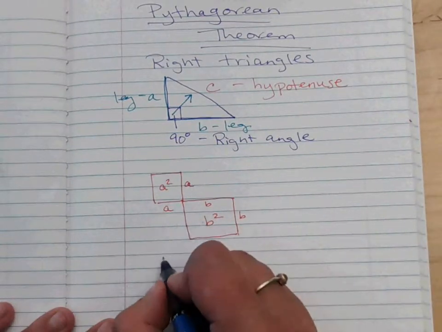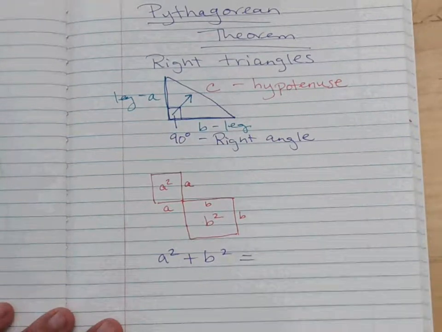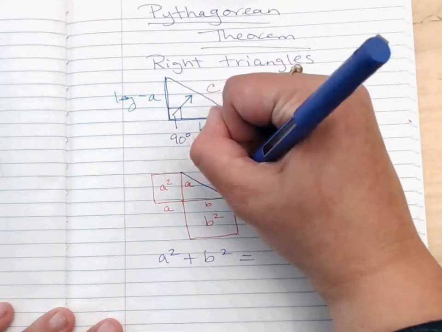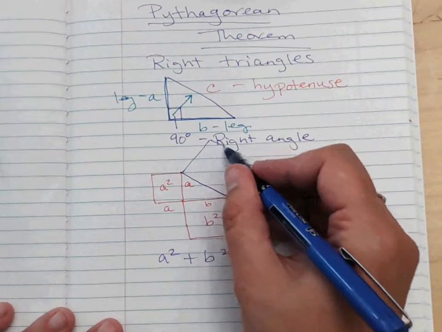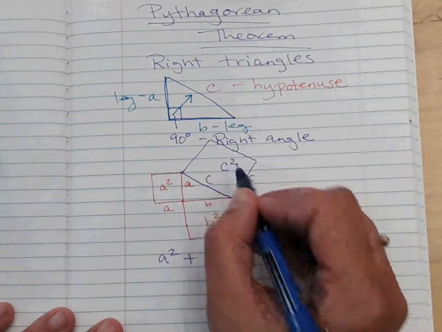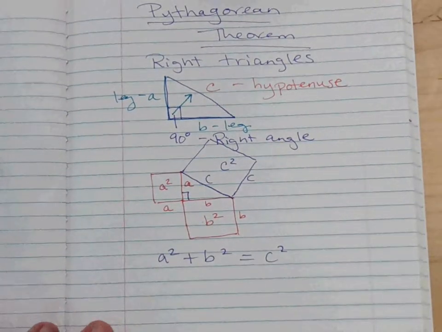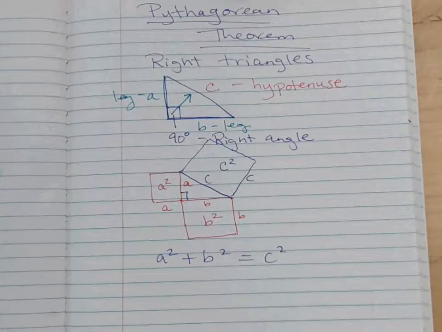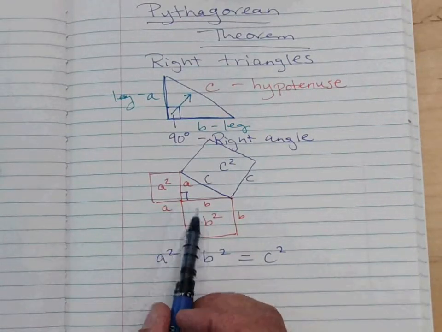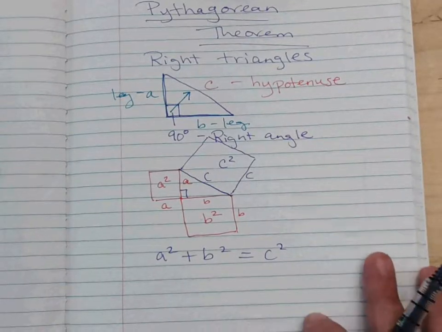These two, A squared plus B squared, would add up to equal C times C, which is C squared. And this is his theorem. So what's great about this is if I already know two of the sides, I can use this theorem to find the third side.